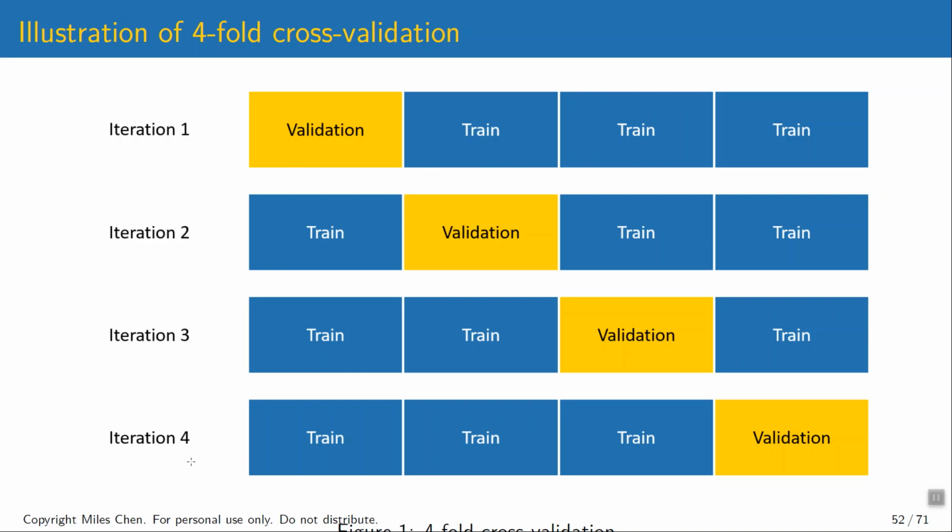Okay, so if you have 4-fold cross-validation, you only have to run 4 different models. Okay, versus in our original data set, we had 28 observations, so leave one out cross-validation required 28 different models to be fit. Here I only have to fit 4 different models. Okay, so that's going to save us some computation time as well.